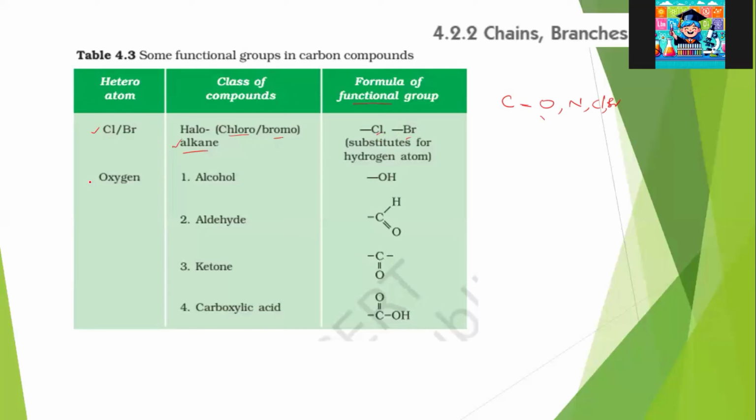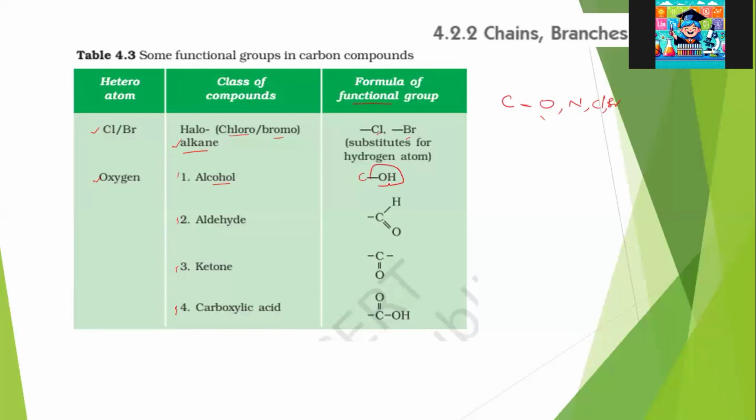Carbon also has high affinity for the oxygen heteroatom. Bonding with oxygen will generate specific classes of compounds. For example, if the carbon is directly attached to an OH group, that type of compound is known as an alcohol.